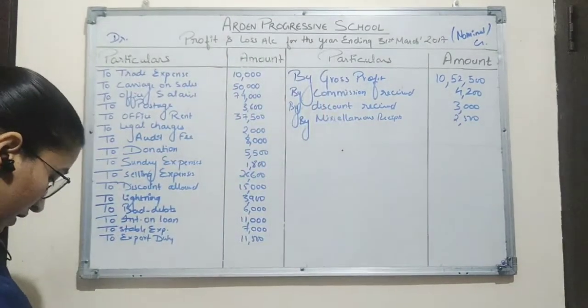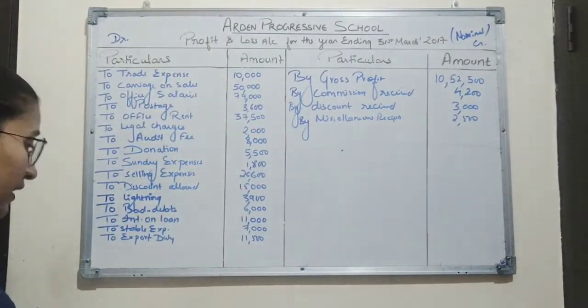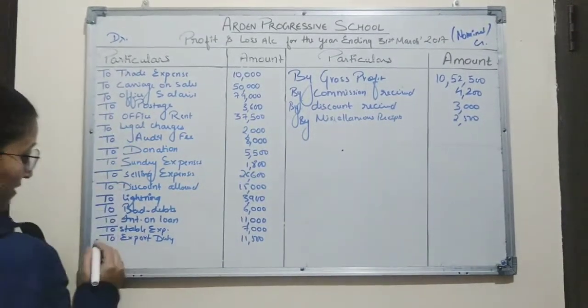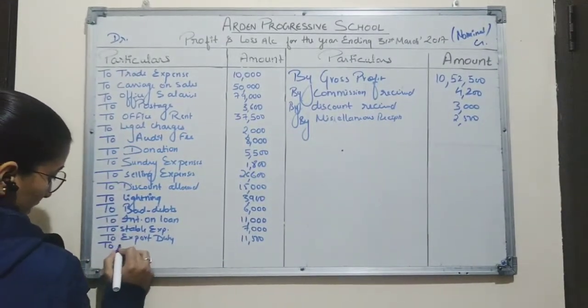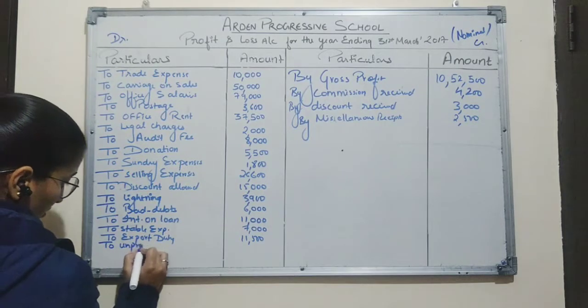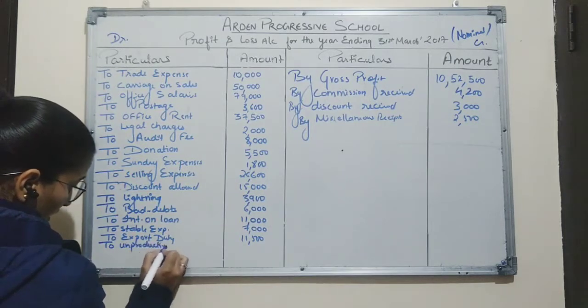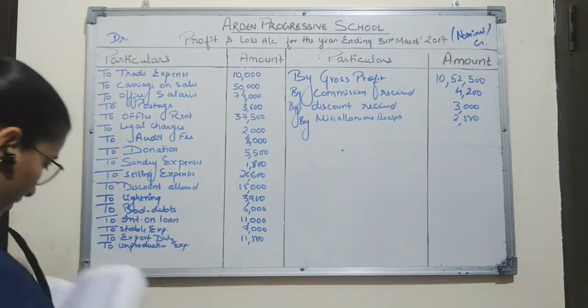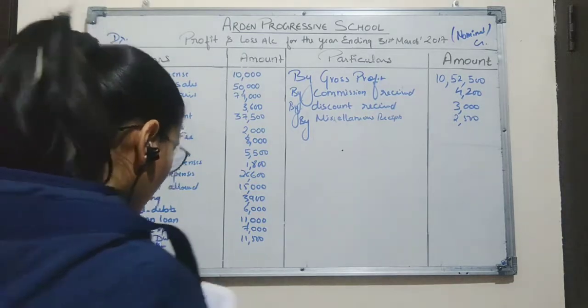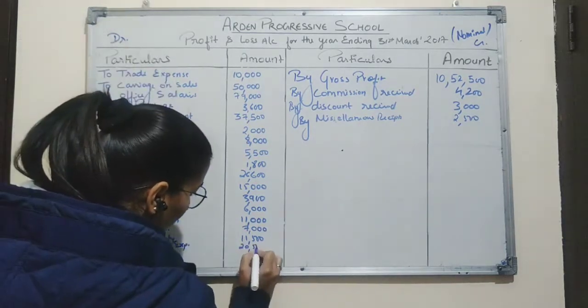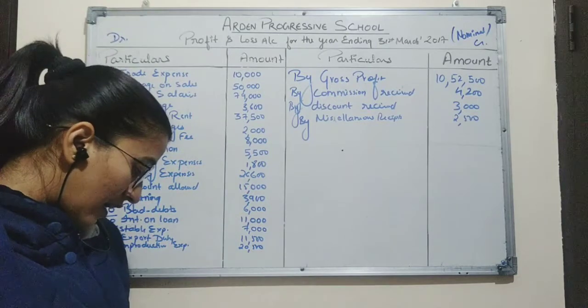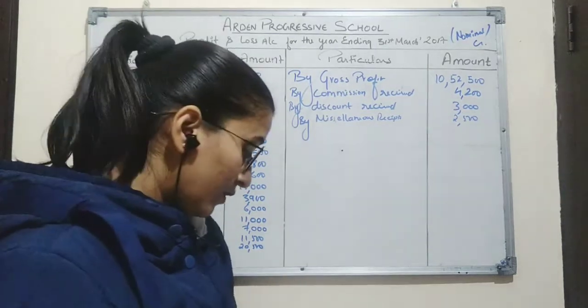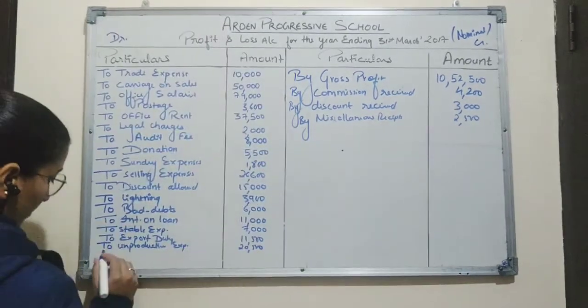Next is unproductive expense. As it is an expense, so it will be recorded on the debit side, to unproductive expense. Amount is 20,500. And at last, travelling expense is given rupees 12,500.